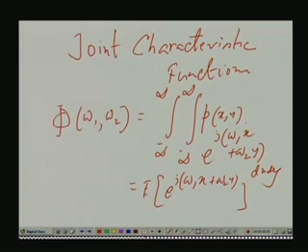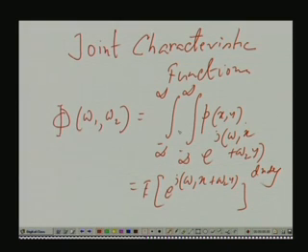So, given p of x comma y, we can find phi by this formula, and given the characteristic function, we can find p of x comma y by the inverse formula. That is again obtained by just recalling the forward and backward Fourier transform relations, that is, direct and inverse Fourier transform relations.